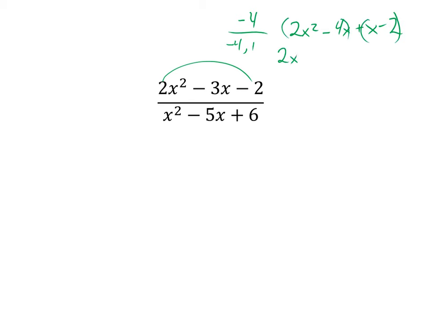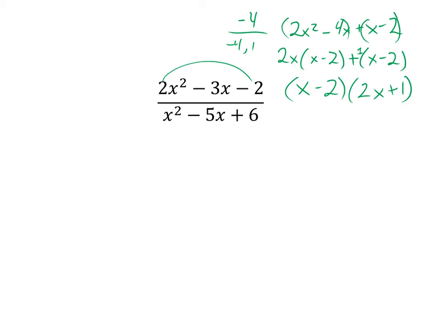You can take a 2x out, leaving us with x minus 2, plus x minus 2, and we have a 1 sitting out front. Since these are the same, x minus 2 would be one factor, and then 2x plus 1 would be the other. Okay.